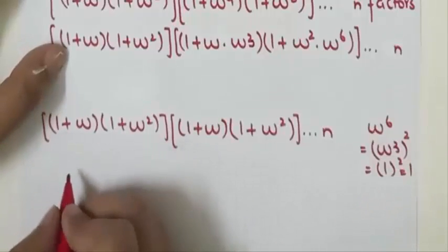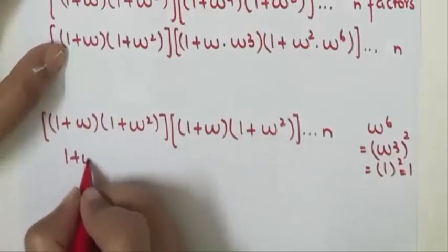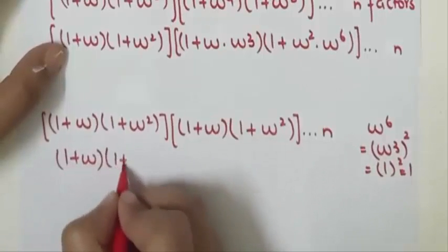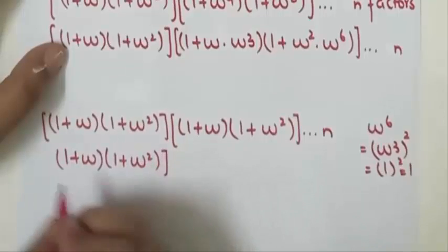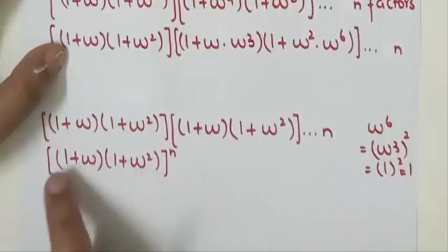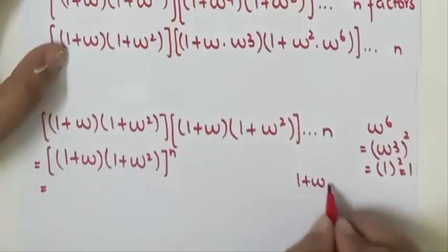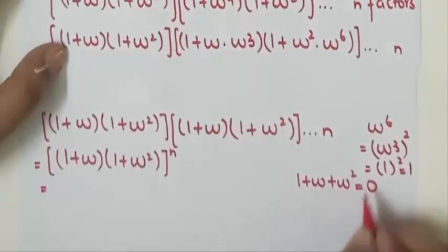Now since this is approaching up to n factors, we can write 1 plus omega into 1 plus omega square, whole power n, right? And each bracket is 1 plus omega into 1 plus omega square. Now 1 plus omega plus omega square is equal to 0.